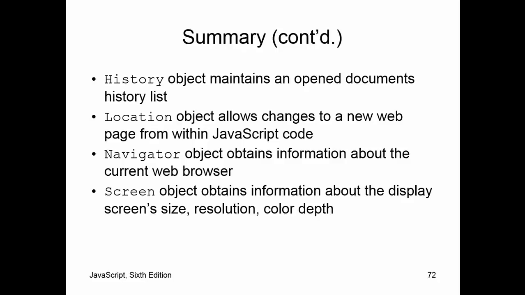The location object, which allows you to change to a new web page using JavaScript code. The navigator object, which allows you to get information about the current web browser. And we ended with the screen object, which gives you information about the display screen size, resolution, etc.